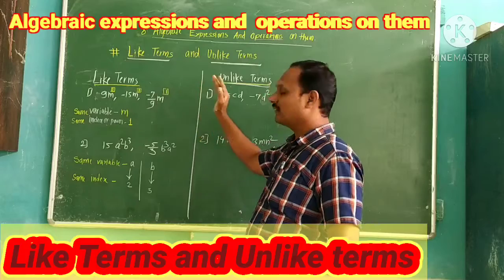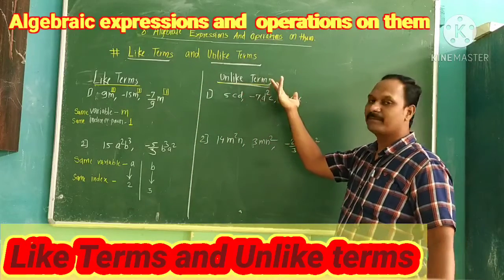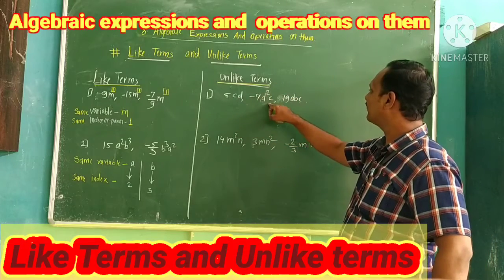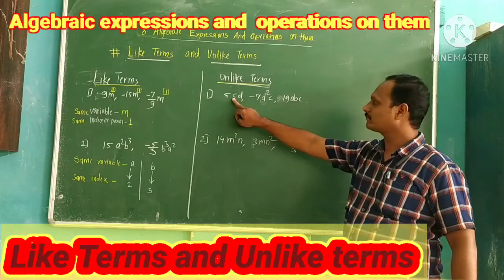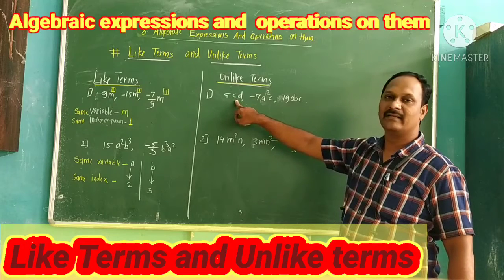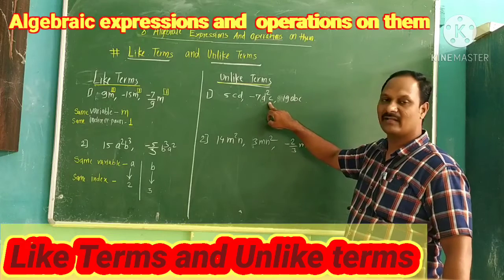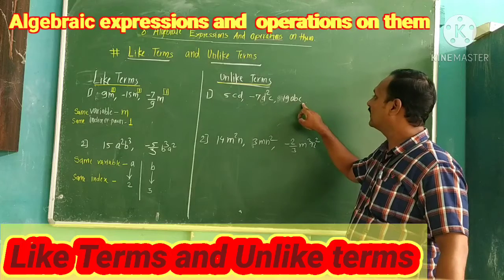Now come to the second part, unlike terms. You see 5cd, minus 7b square, 6 and 19. Here c and d are variables, and here too there are variables.